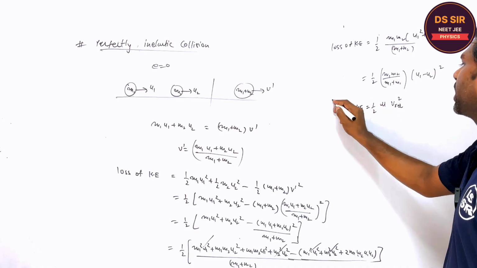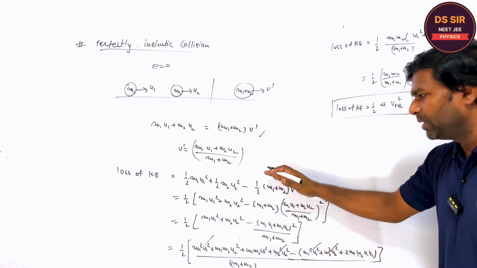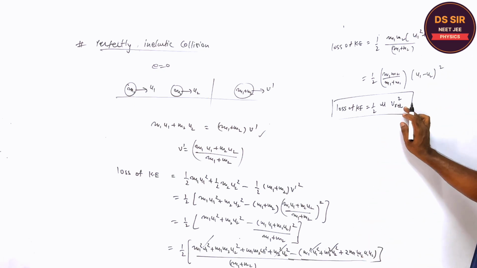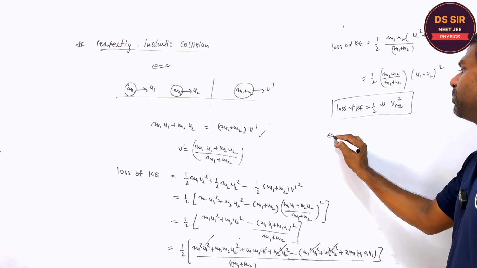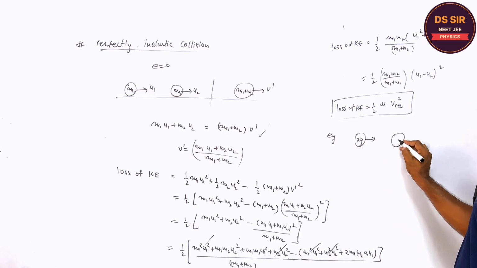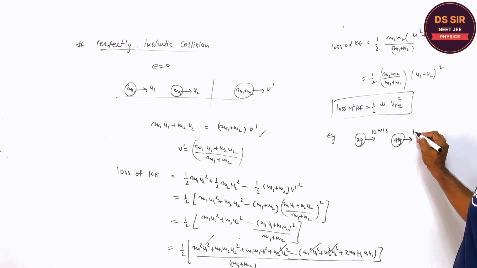Directly you can apply the formula. Otherwise, if you apply the conservation of momentum and then find it this way, it will take some time. This is the V relative, right? For example, listen, if this is 2 kg and this is 4 kg, this is moving with 10 meter per second, this is moving with 5 meter per second.